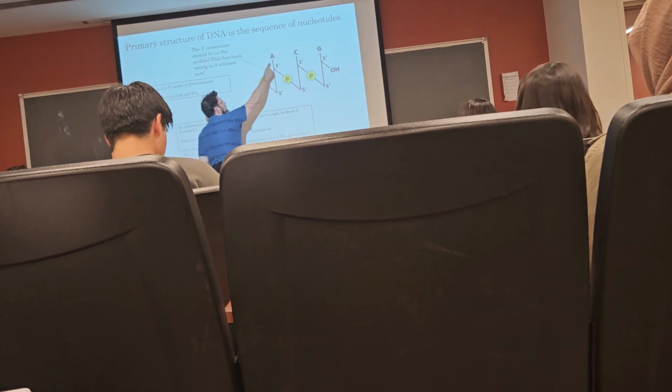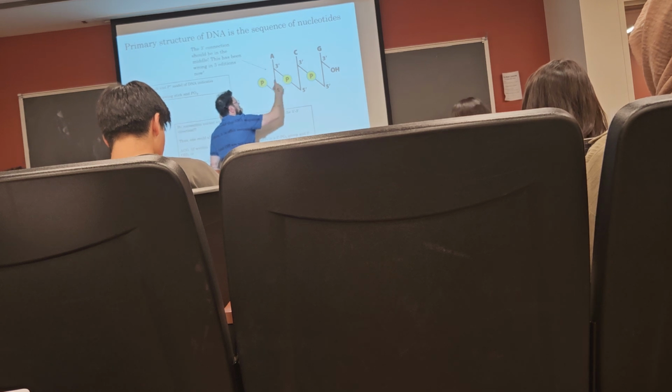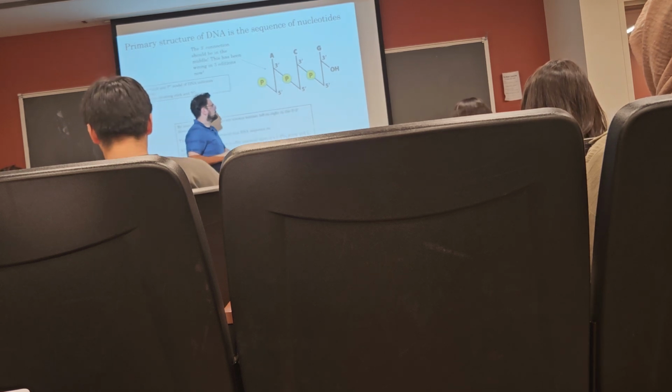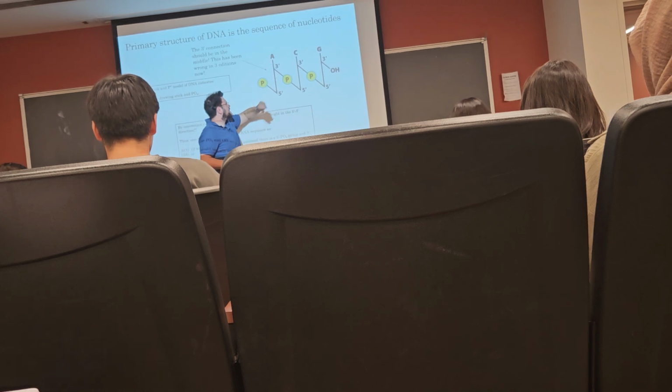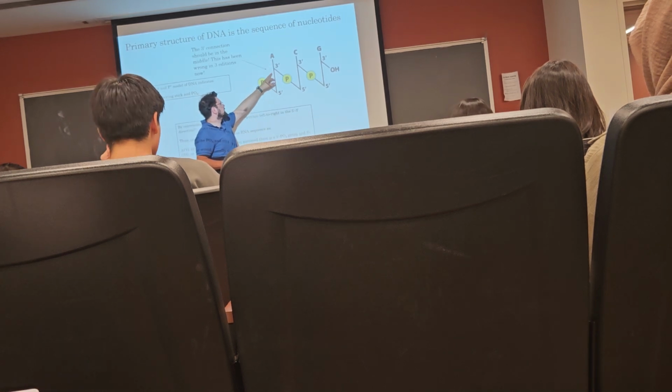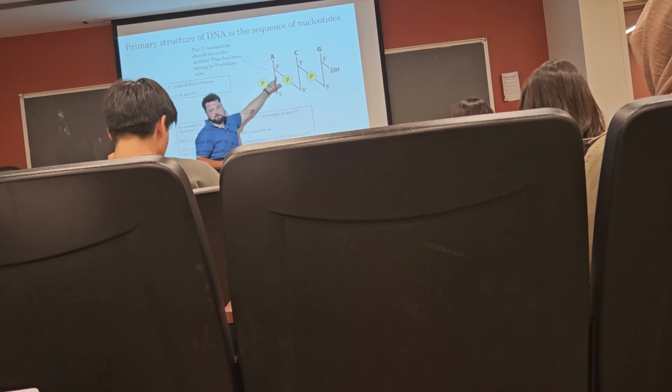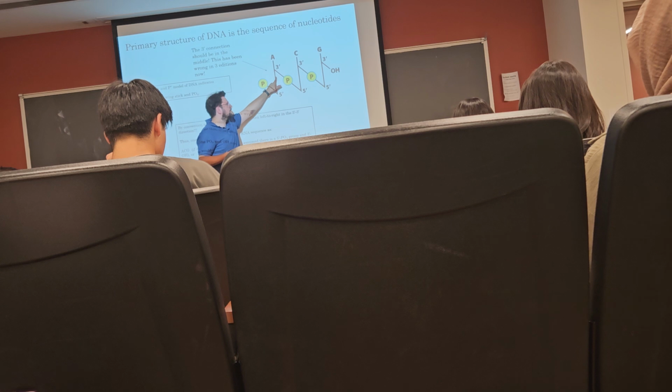So we have 1', 2', 3', 4', 5'. What I don't like, and I don't know why they haven't fixed this over 3 editions so far, is that this 3' on this deoxyribose really should be right in the middle. That's where the 3' is. But they've drawn it up here, so don't get confused.